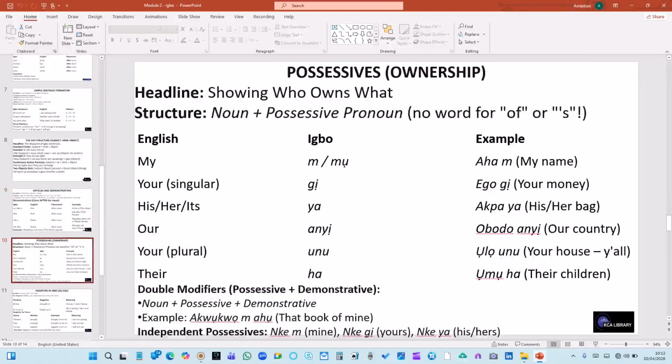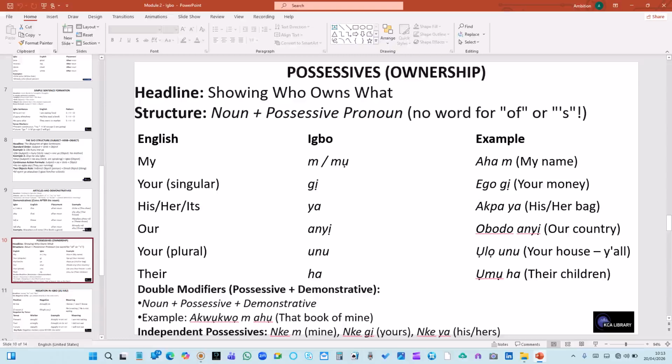Now let us look at the possessive, that is ownership, showing who owns what. The structure follows noun plus possessive pronoun, with no word for of or 's. Example, my means m: aham, my name.